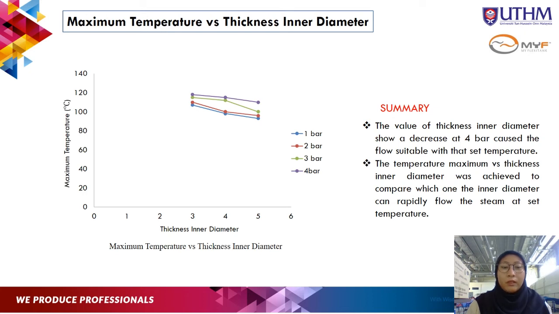So for the summary on this graph, the value of the thickness shows a decrease at the 4 bar, because the flow is suitable with that set temperature. The maximum temperature versus thickness was achieved to compare which thickness can rapidly flow the steam at the set temperature.